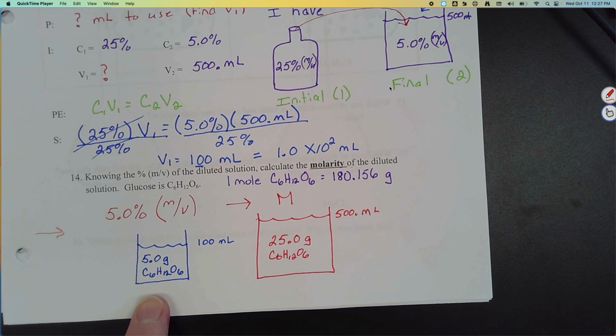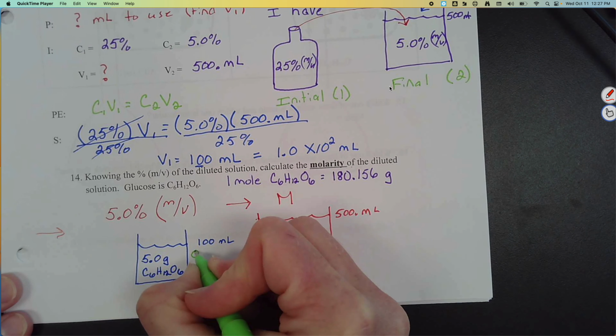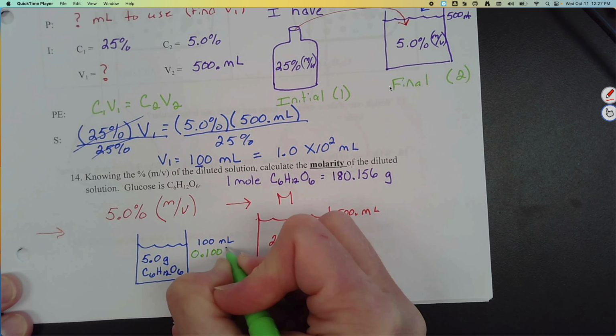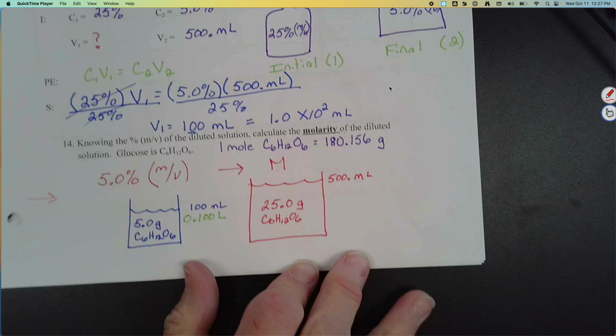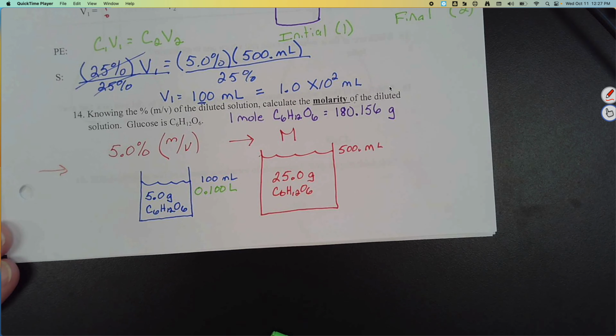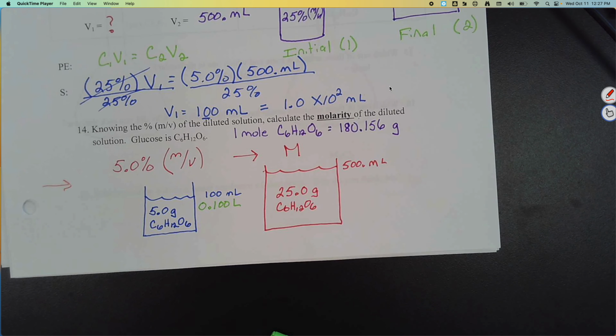Either one of those thought processes work. I favor this one because I just like to get in the habit of thinking about hundreds when I'm going to do this. So I've just got to get from grams per 100 milliliter into moles per liter. Well, the volume's not too bad at all. 100 milliliters is 0.100 liters. Got that part handled. Now I need to do a quick grams to moles conversion.